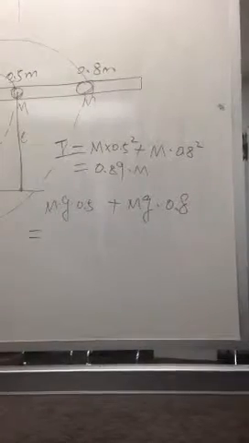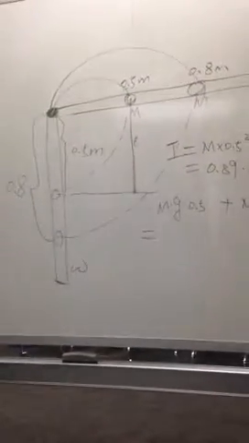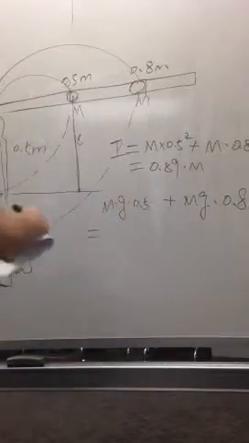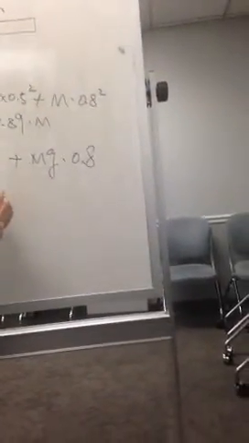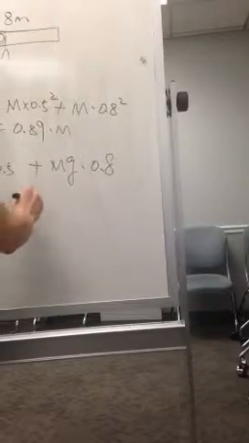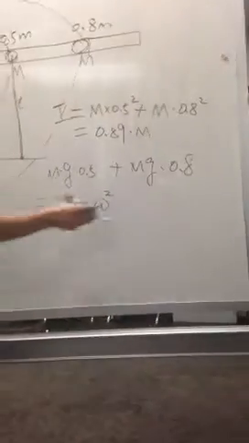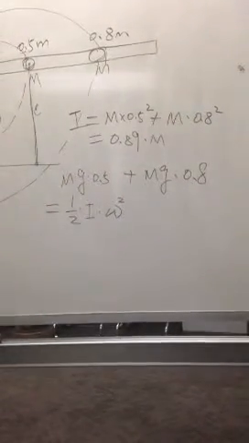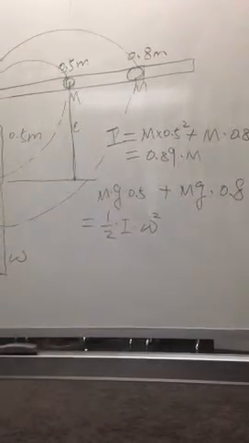But what they got is an angular velocity for this whole system, which will give you an energy 1/2 I times angular velocity squared, right? So the potential energy converts to the angular velocity.